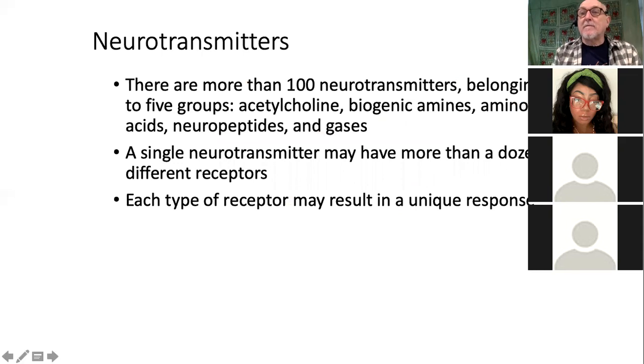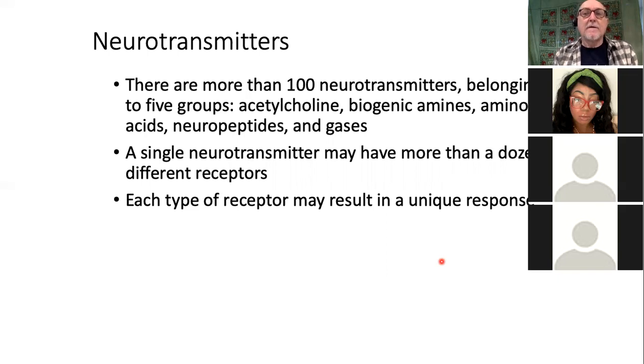I'm just not going to discuss it in enormous detail, but just to tell you that the study of neurotransmitters is an area of enormously active research. There are many, many different kinds of neurotransmitters which are released by axon terminals.